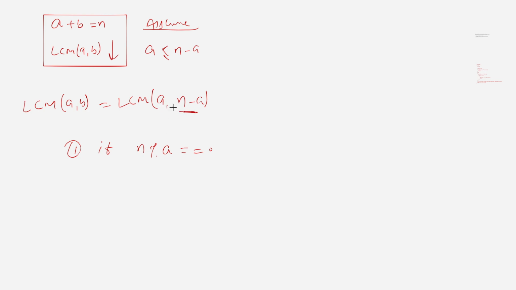Because when you divide n by a, 0 is the remainder, and when you subtract a from n, that will also be divisible. Like if you have n equal to 12 and a equal to 3, if 3 divides n, then 3 will also divide n minus a, like 12 minus 3, that is 9, 3 will also divide.